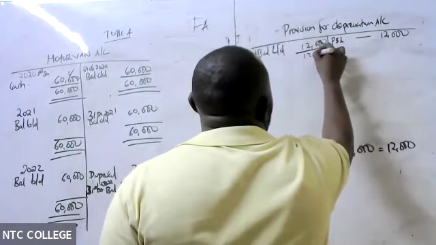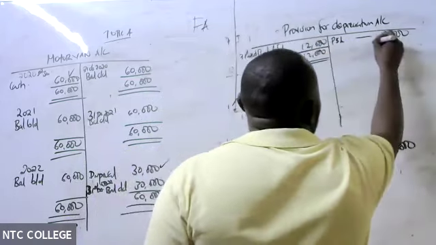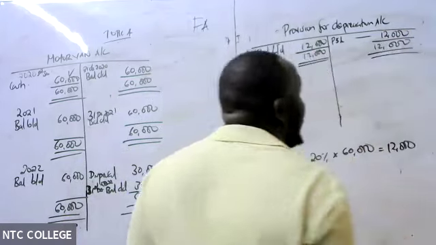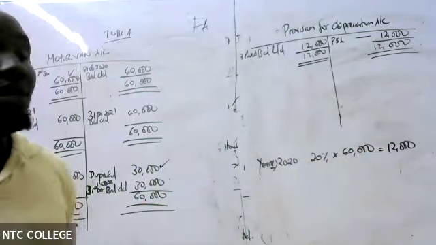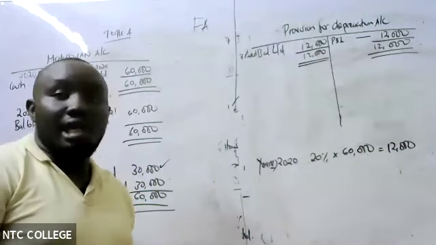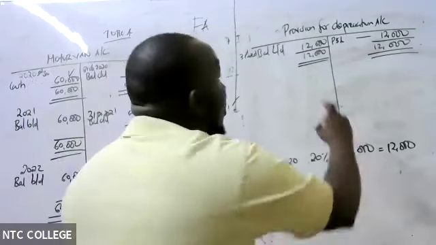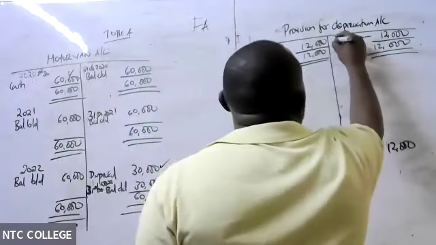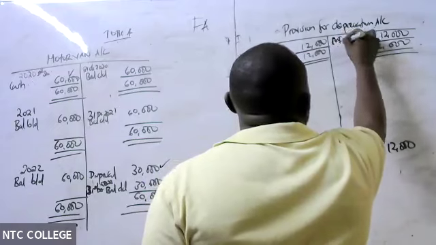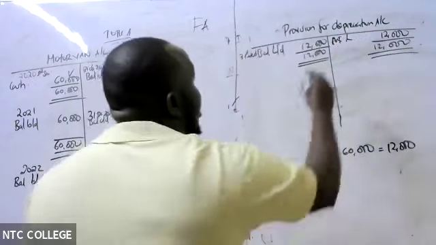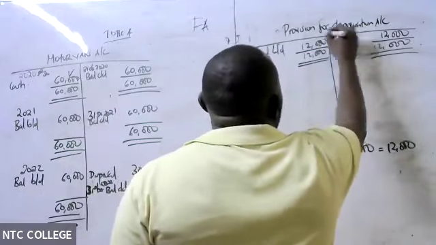Remember, depreciation is an expense. So we debit P&L and we credit provision. So that is the depreciation, and that is 2020.